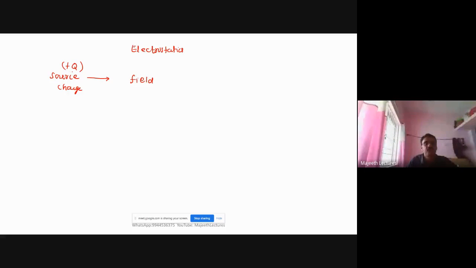If it is a static charge, it is called an electric field. If it is a moving charge, it is called a magnetic field. Here it is static charge because we are dealing with electrostatics. Charge creates field, field will create force, and that force acts on some other test charge.